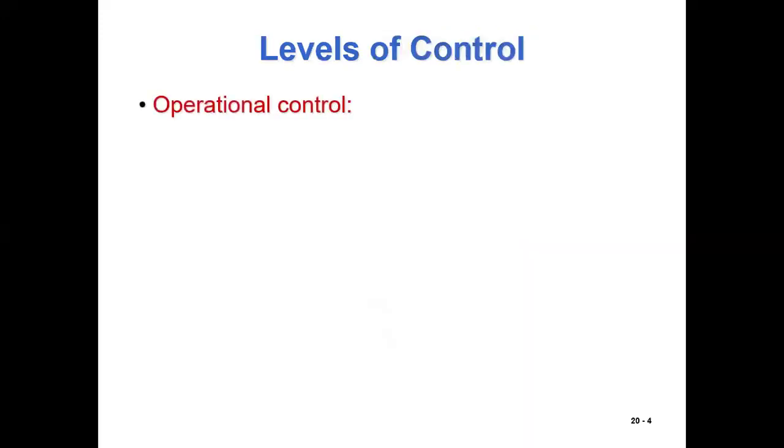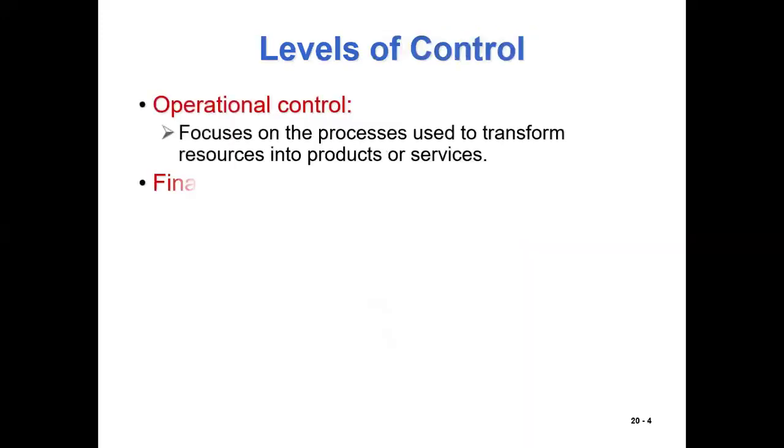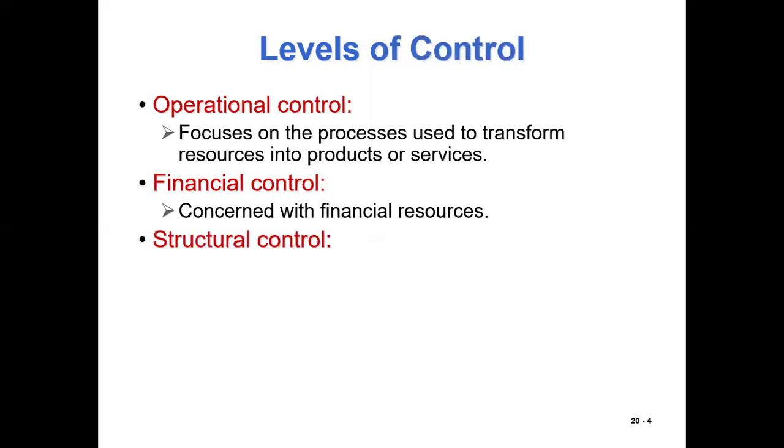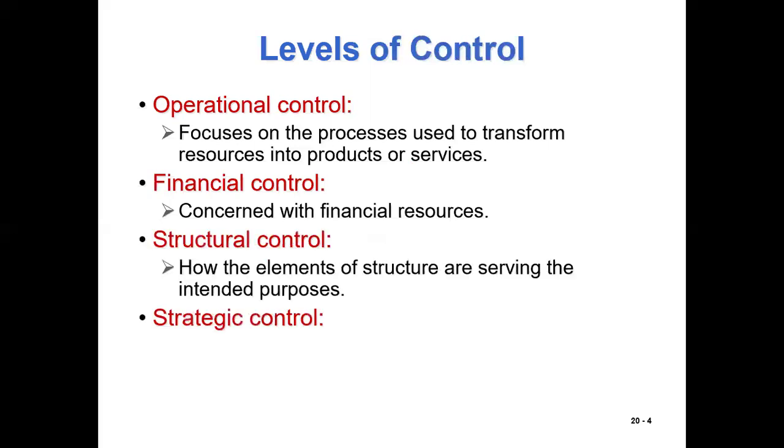Now, what are the different levels of control? Operational control, financial control, structural control, and strategic control. We know that there are three levels of management: top level management, middle level management, and low level management. Top level management uses high strategy.